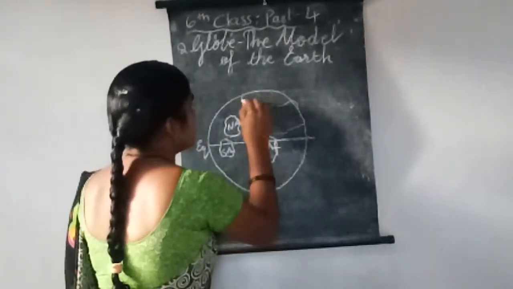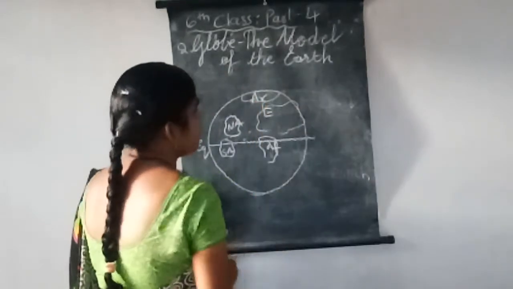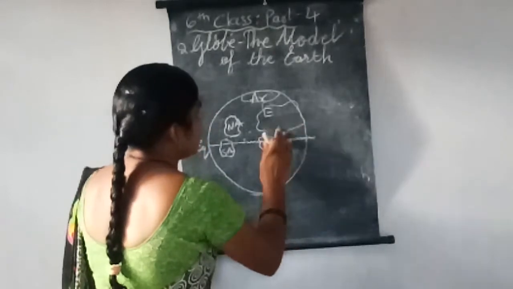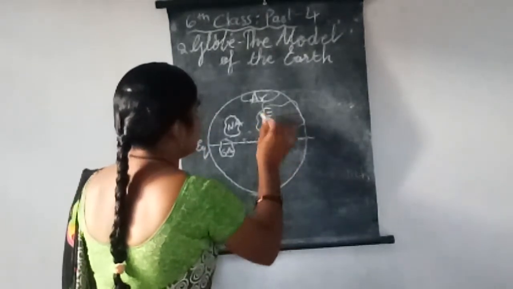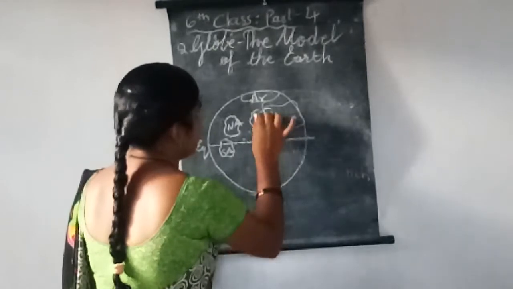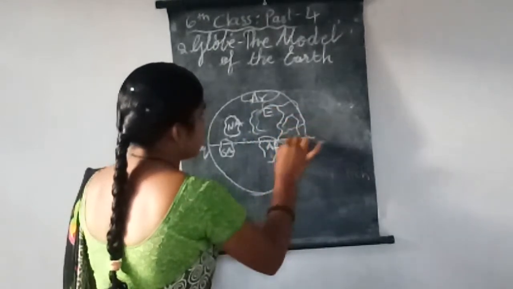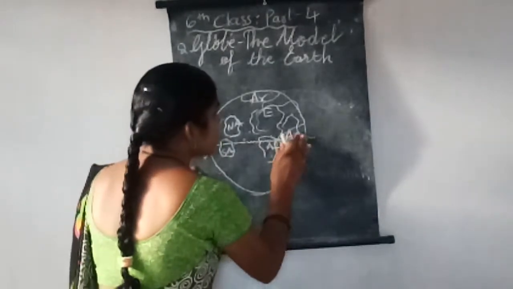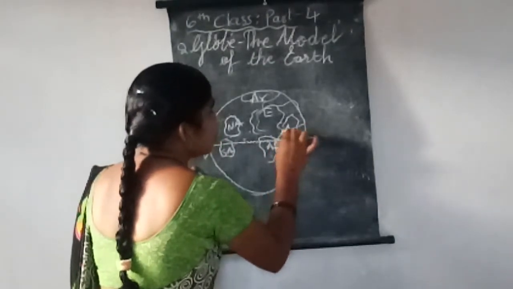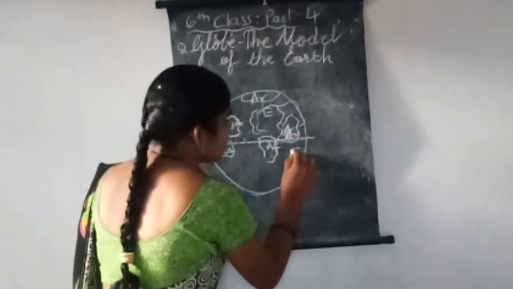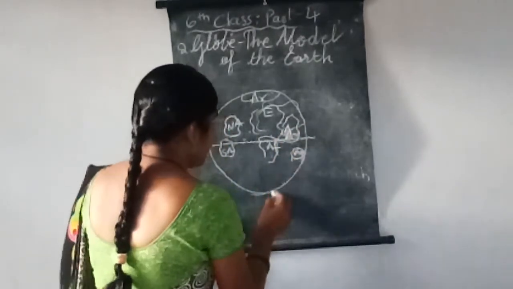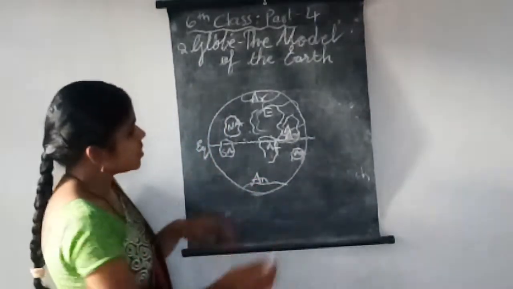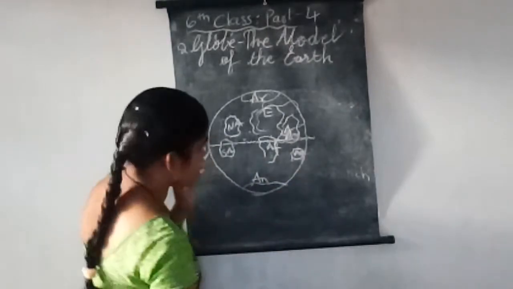This is Arctic Circle, that means Arctic region. This is Asia. Asia continent is near to the equator. Here Australia, here Antarctica. So these are the continents.